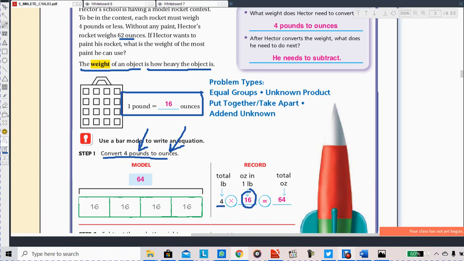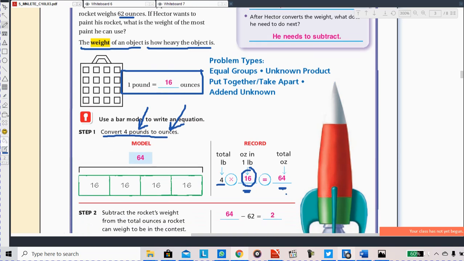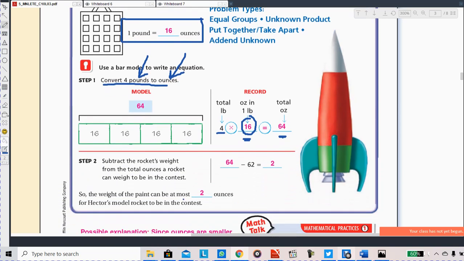So 4 pounds multiplied by 16 to get the number in ounces, which is 64. And then subtract the rocket's weight from the total ounces a rocket can weigh to be in the contest.